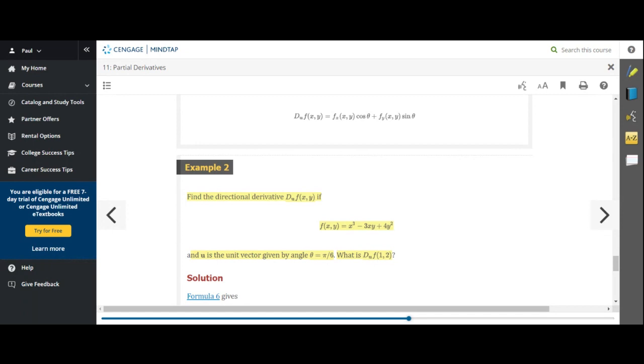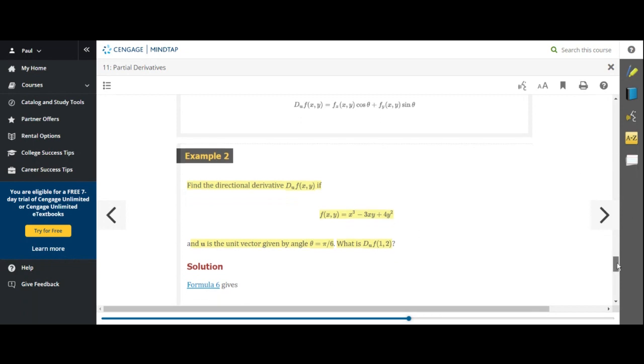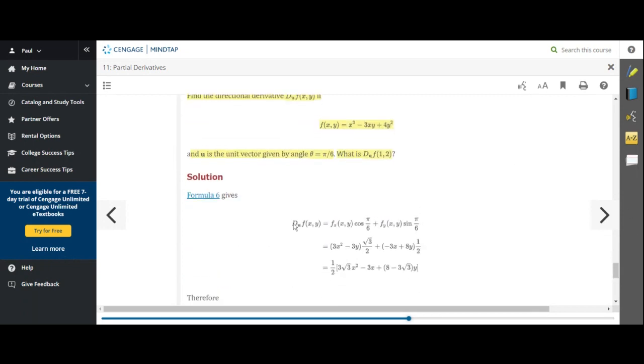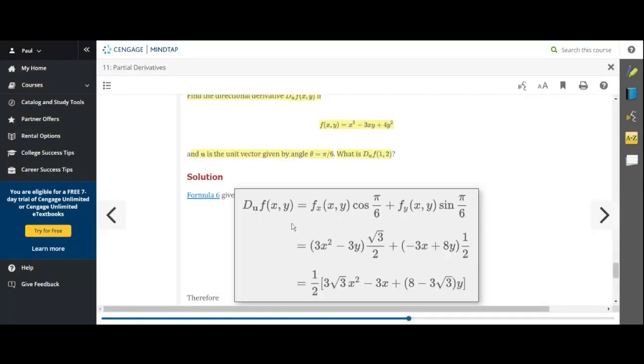Okay, so let's go ahead and look at the directional derivative. Here's the formula, and it's laid out here for you. Are there any questions?